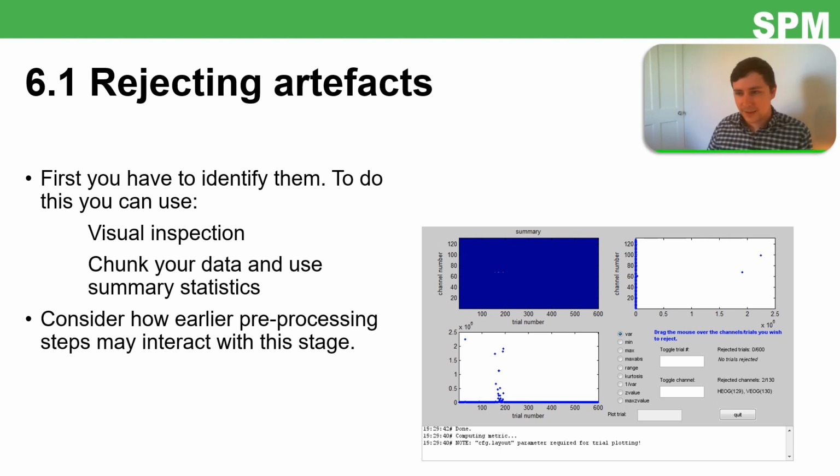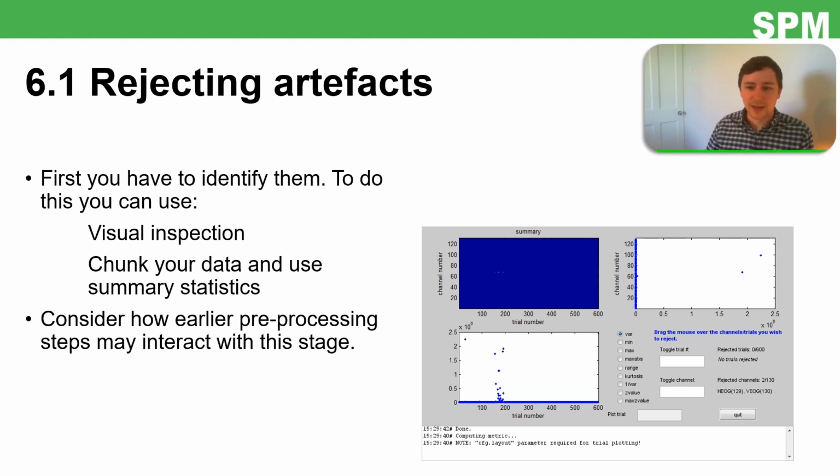There are automated methods as well, certainly plenty in SPM to look for things like eye blinks, and again just consider how earlier pre-processing steps like filtering influence that. There's also semi-automated methods. This is actually from Field Trip, but it's in the SPM manual. It's highly compatible with SPM.